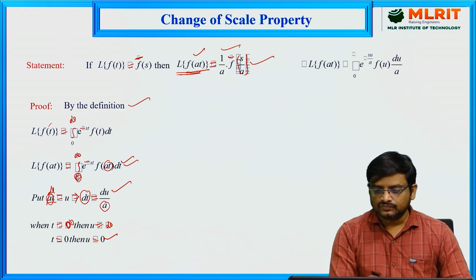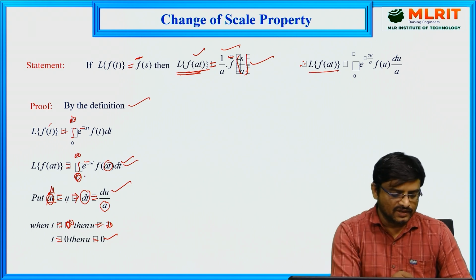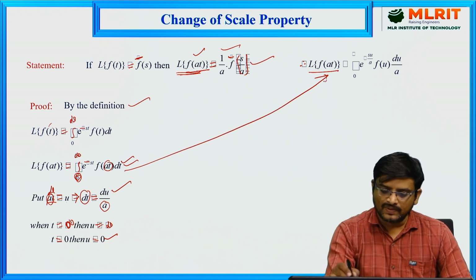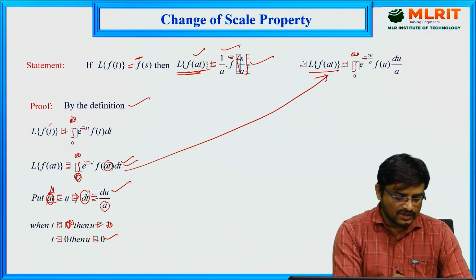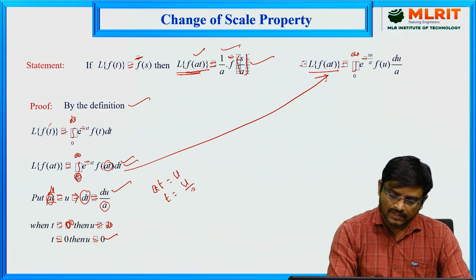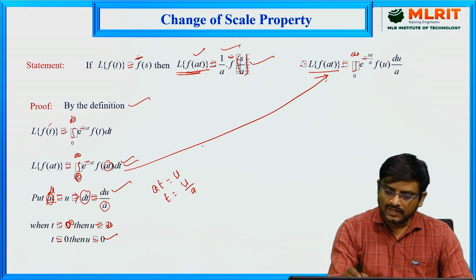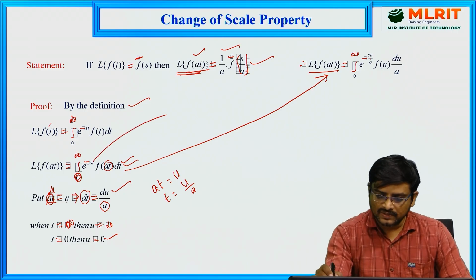So therefore Laplace transform of f of at, here I am applying the substitution: integral 0 to infinity e power minus s into t. Here we have taken at is equal to u, so t is equal to u by a. In place of t, I have replaced u by a. U by a into s, you will get su by a.